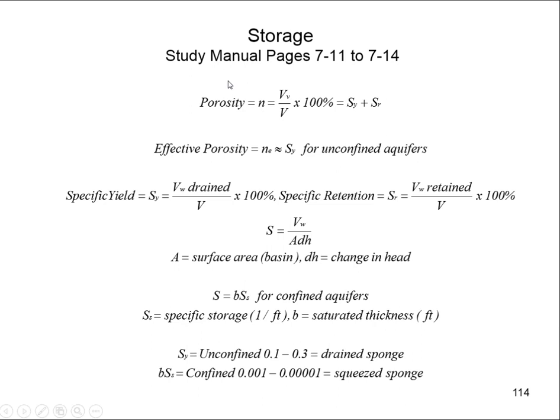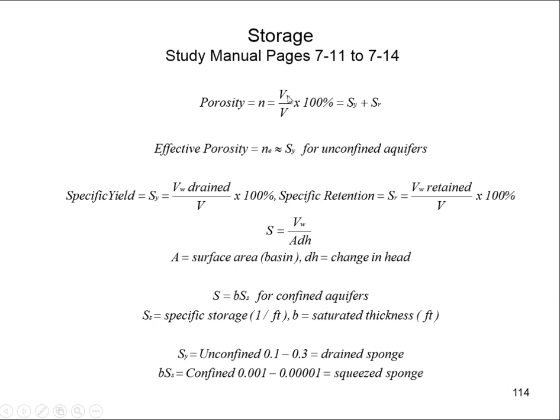Storage, we said, was based on the porosity, which is the volume of voids to the total volume of the rock or soil. Now, in engineering geology, we don't want that void space to be filled with water, because then if we're trying to get compaction, it's not going to happen. And so the void space in hydro, we're assuming all of that is filled with water.